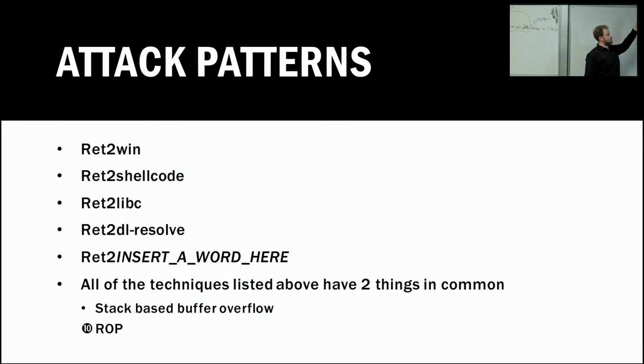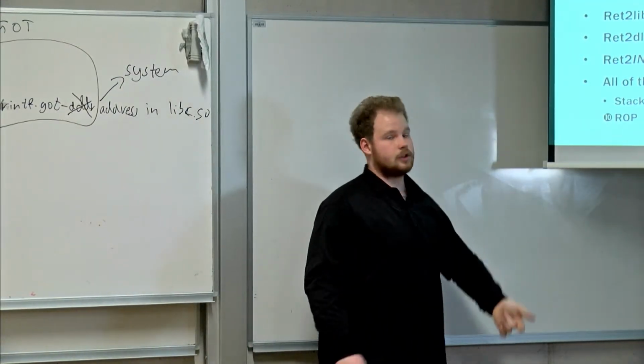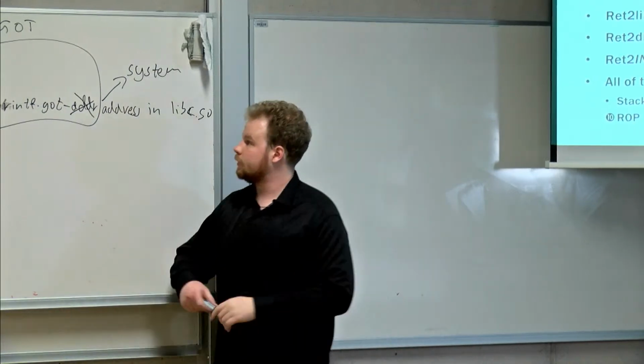Then we have return to libc, where if we don't want to just keep jumping in our binary, there's a way to actually jump into the libraries. So we can execute code in the libraries, and of course there's a lot more code there that can help us reach our goal. And at the end there's ret to DL resolve, which is what I talked about earlier, where if you craft a lot of different fake structures and put them in the right place, you can trick DL resolve into resolving a function.